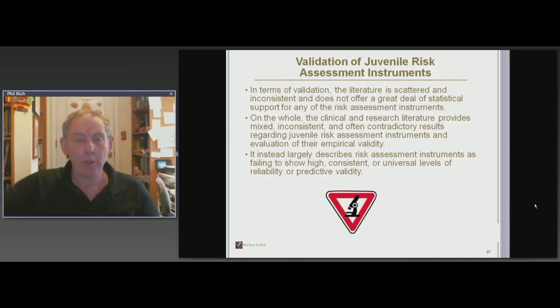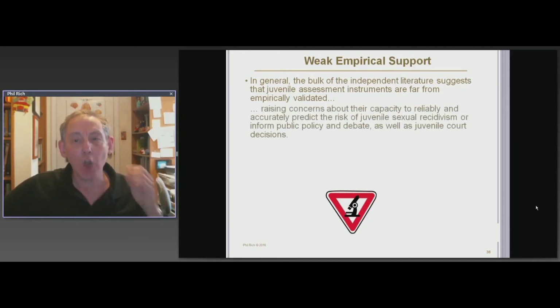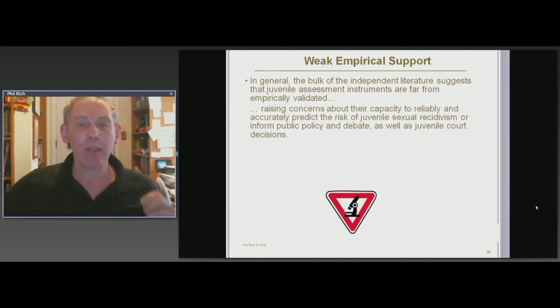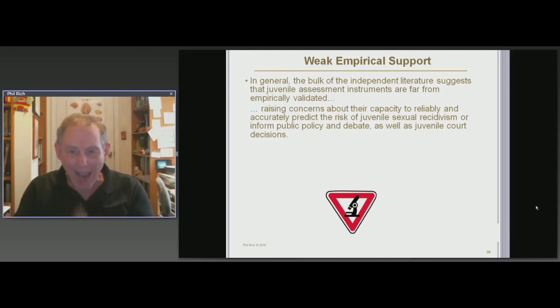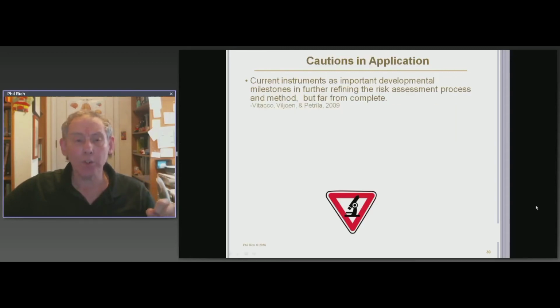On the whole, the risk assessment literature describes instruments as failing to show consistent or universal levels of predictive validity, the ability to accurately predict future behavior. In general, it suggests that they're not empirically validated, and that raises concerns about our ability to really accurately project or predict risk based upon these instruments, or, importantly, when we think about sex offender registries, for instance, or civil commitments, to inform public policy, as well as general juvenile court decisions.